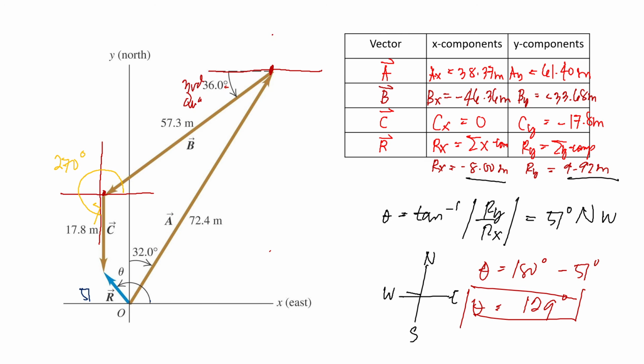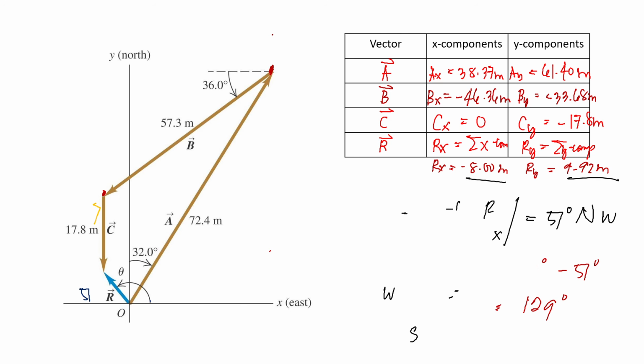So finally, we have your vector R. Your vector R has a magnitude of 12.7 meters at 129 degrees, or you can also say 51 degrees north of west.